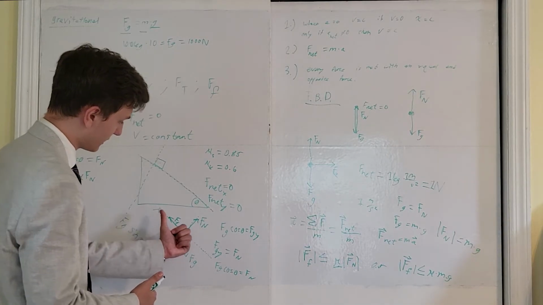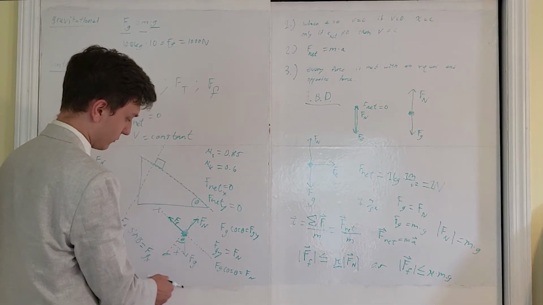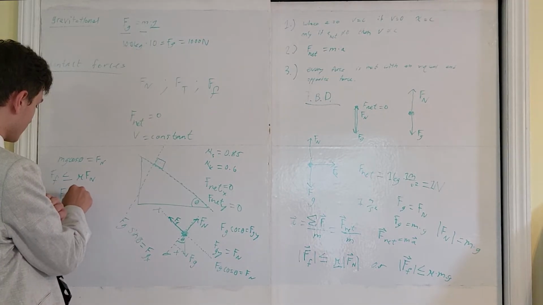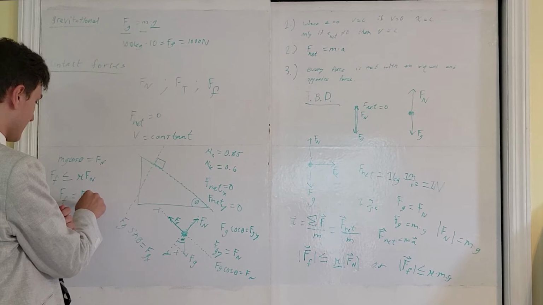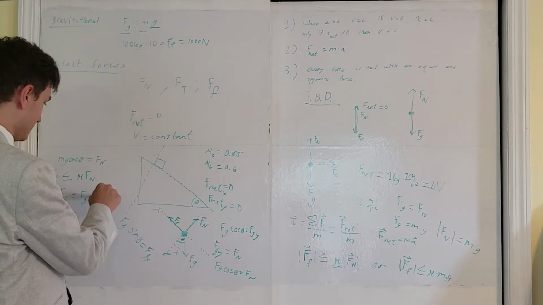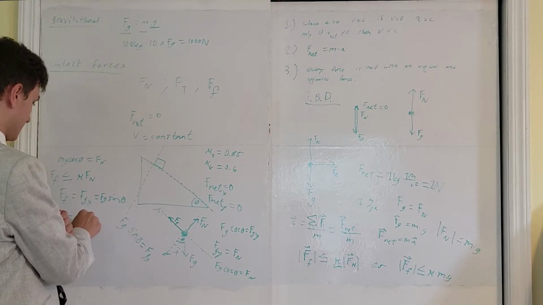That means the force pulling it up the incline, the frictional force, has to balance the force pulling it down the incline, which is the x component of the gravitational force. So we can say that the force of friction equals Fg sub x, which is the same as Fg sine theta, which is the same as mg sine theta.